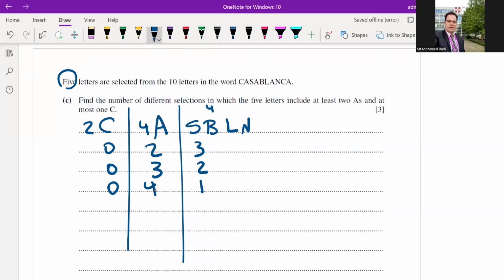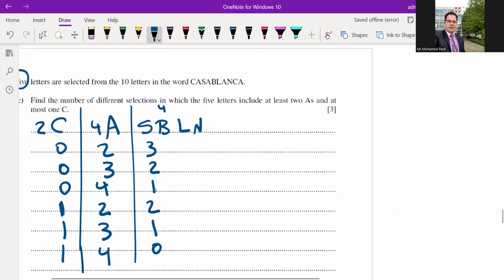If we take 1 C, with at least 2 A's, how many are left to complete the 5? There are 2. If we increase the A's to 3, 1 plus 3 is 4, so 1 is left. If the A's are 4, then 0 are left. Is it possible to increase the number of C's? No, it's written at most 1 C.